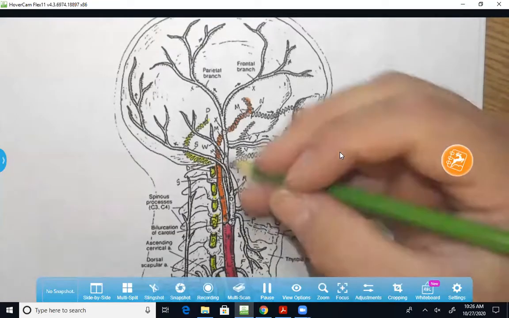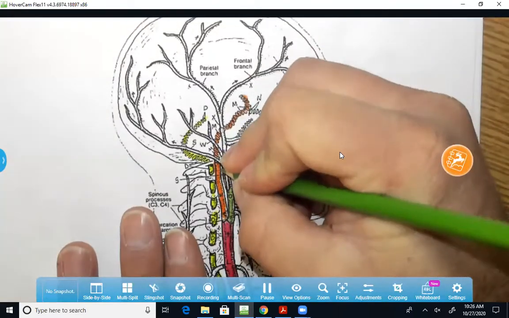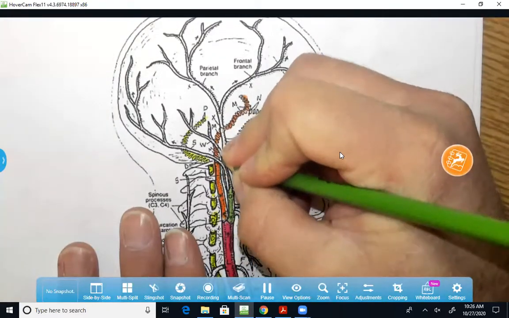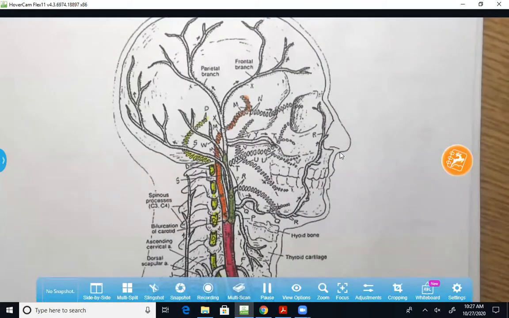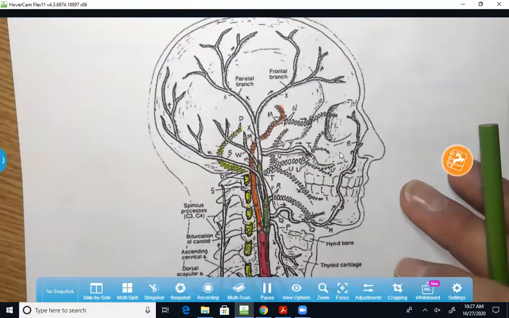The external stays superficial. And there are many branches coming off of it, as you can see.